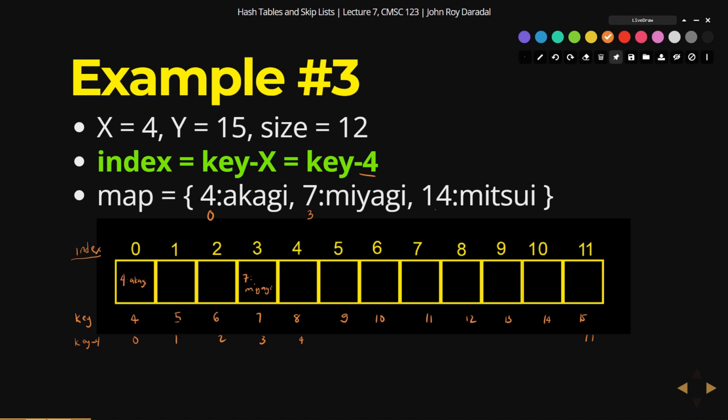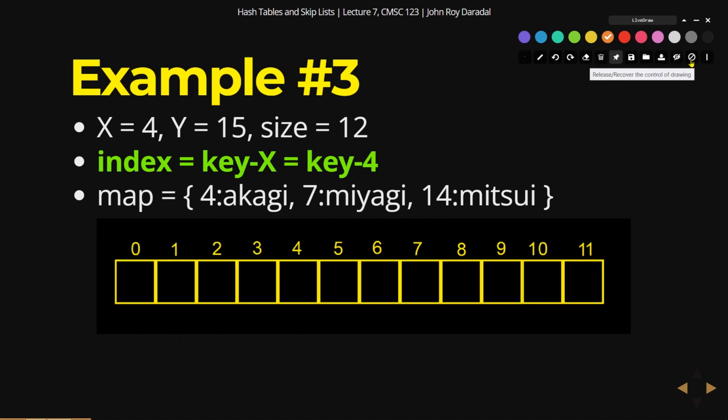And then 14 Mitsui would be placed at 14 minus 4, which is index 10. So right here, 14 Mitsui. Okay, so yeah, we still did some transformations to the key to make it fit the array that we have, okay, to get the index.